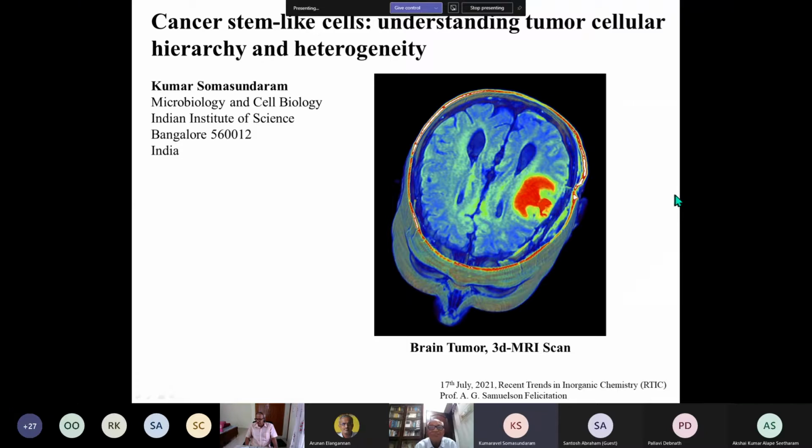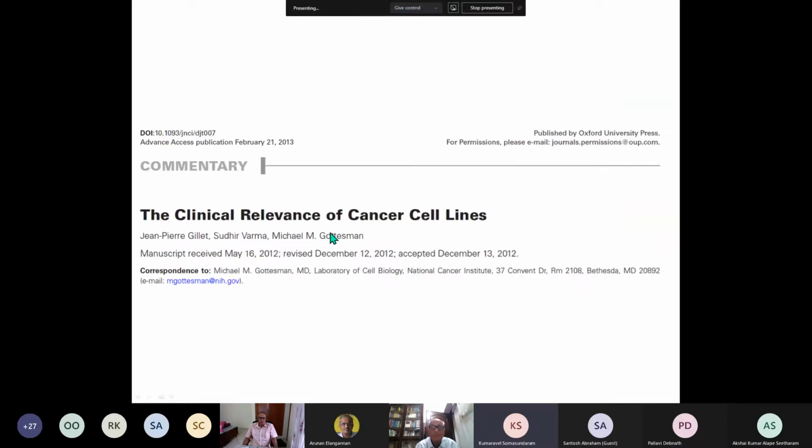The title of the talk, as you can see, is Cancer Stem-like Cells, Understanding Tumor Cellular Hierarchy and Heterogeneity. Let me take a couple of minutes to introduce the title to all of you. Okay, so you all know the cancer cell lines. I'm sure many of the chemistry faculty and students would know, those who are working on chemistry relevant to biology.